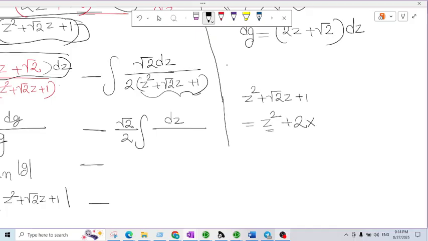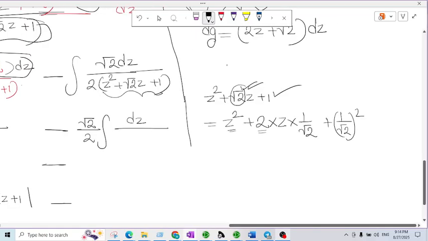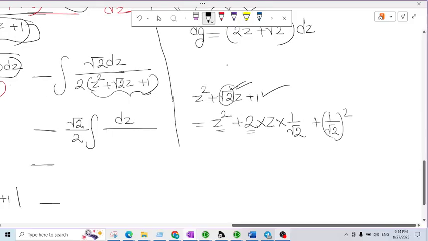Then I will write this z here, and you see I have root over 2, but I have written here 2. So to make this term root over 2z, I have to write 1 by root over 2, and then I will write here 1 by root over 2 square. You see any 1 by root over 2 square here? No. So now to compensate it, I will minus this term, and then I will write 1.